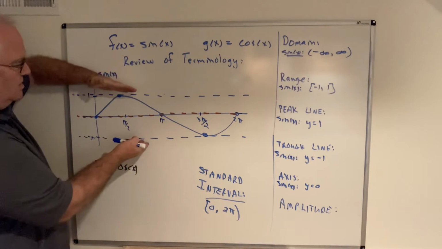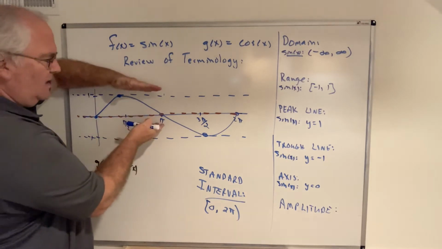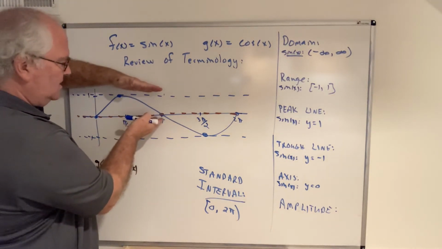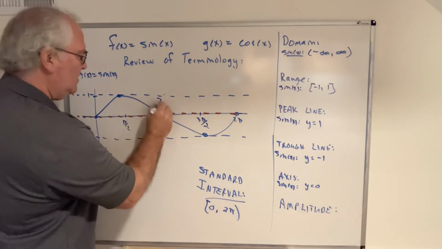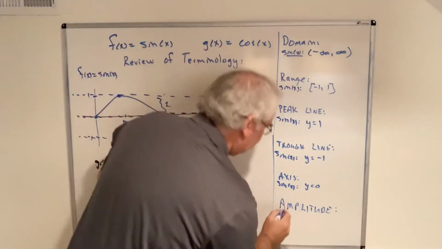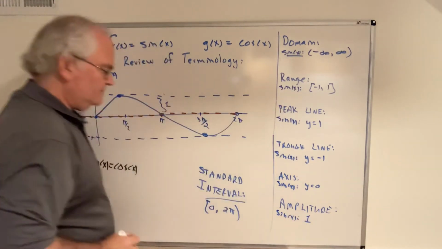You could also use the distance between the peak and the trough, but half of it. But it's just as straightforward to say from the peak to the axis, that distance is 1. So the amplitude, this distance, is 1. So the amplitude of sine of x is 1.